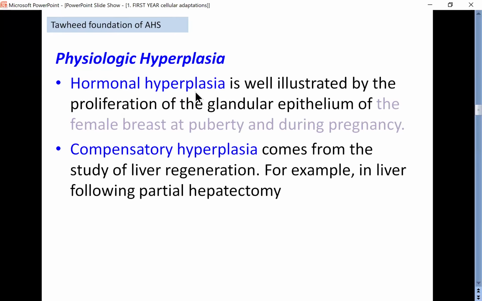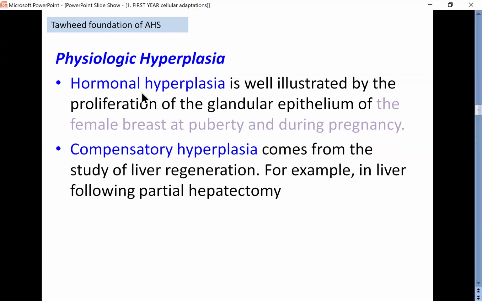In females, during puberty, we have breast development. That is because of normal hormonal stimulation, which helps the cells increase in number.